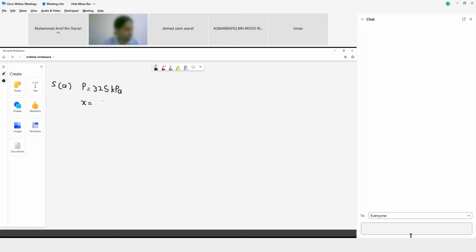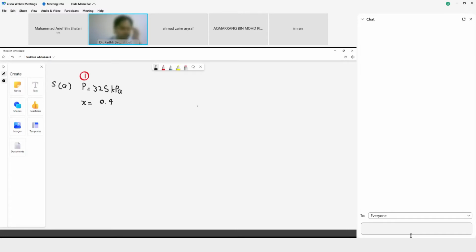Quality X is 0.4. This is the first step, step number 1: list down all the information given.